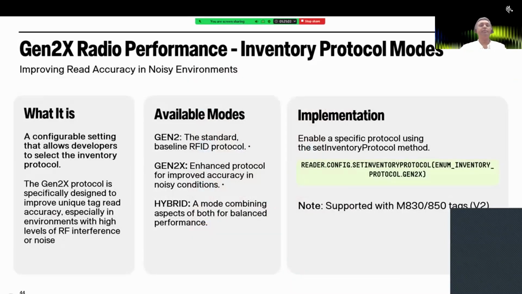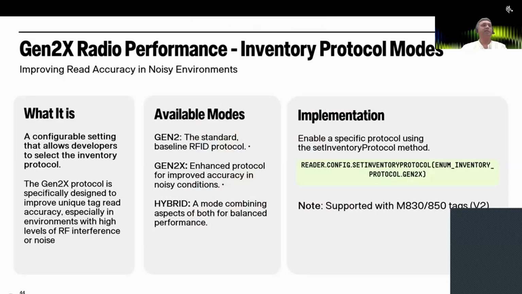So we have the Gen2X radio performance configurations supported. There might be some challenges using the conventional configurations in a dense environment, or there could be some environmental factors affecting your read performance, right?